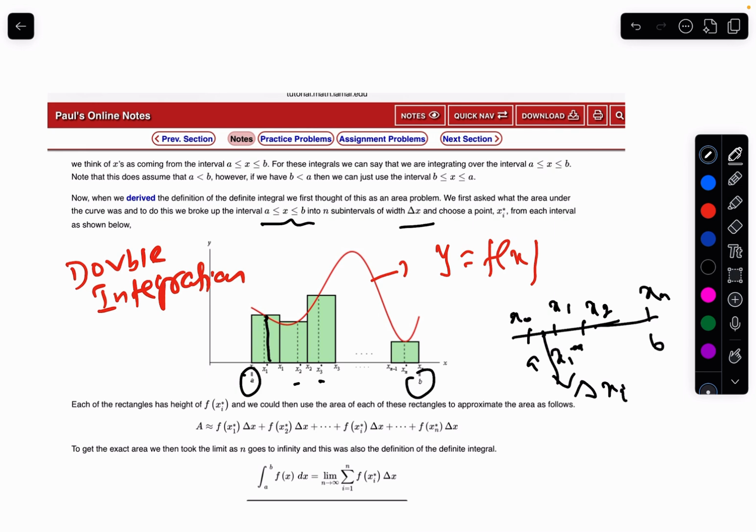The first rectangle's area is f(x1 star) delta x. Then the second rectangle's area is f(x2 star) delta x, and so on up to the nth rectangle. And we add up all these things, and that is the approximate area under the curve y equal to f(x) from a to b.